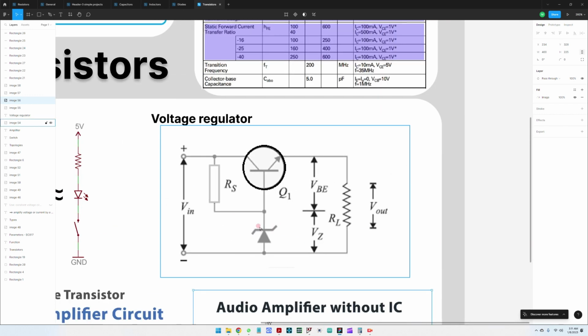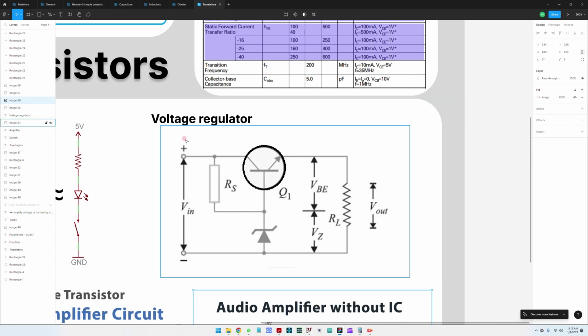And the last and one of the most used functions for the transistor is the voltage regulator. As we discussed previously, between the base and the emitter of a transistor, there is a diode. It's a PN junction. In this case with the voltage regulator, here you have an unregulated voltage.